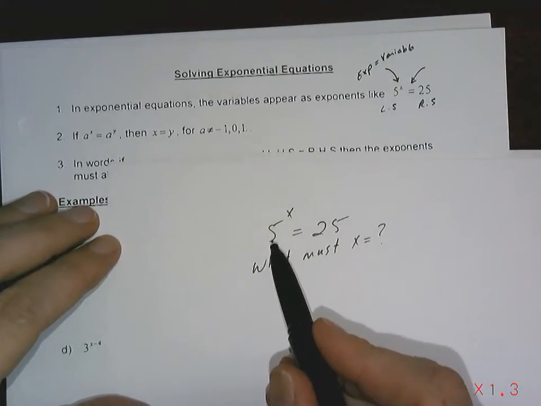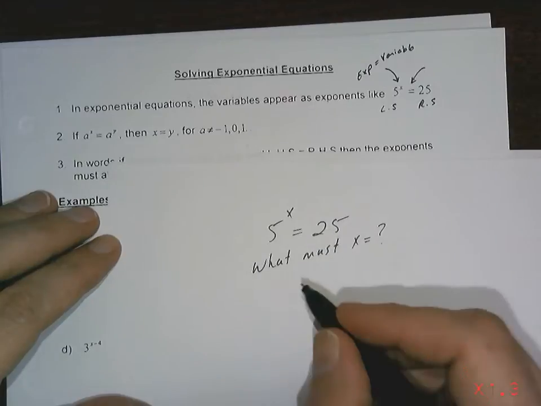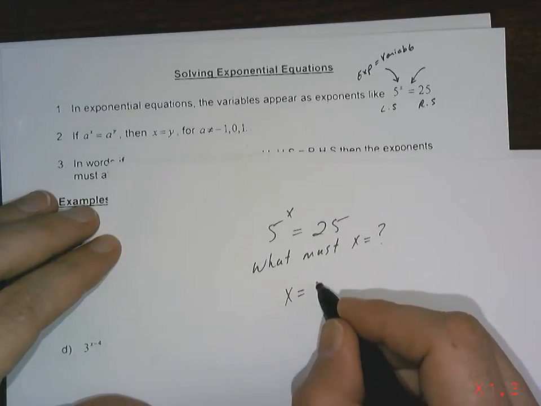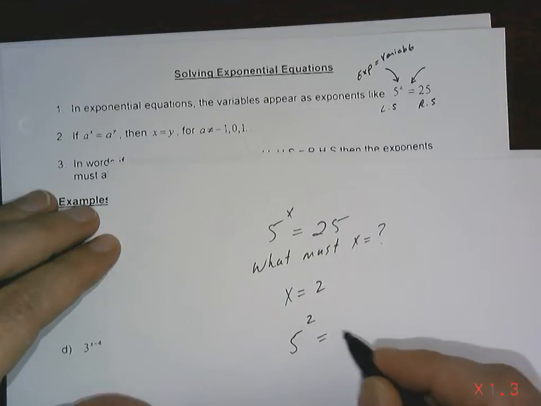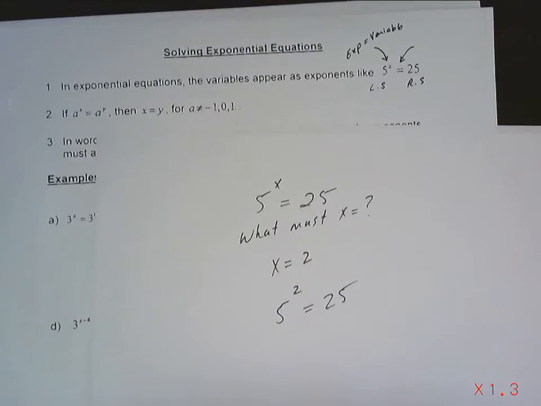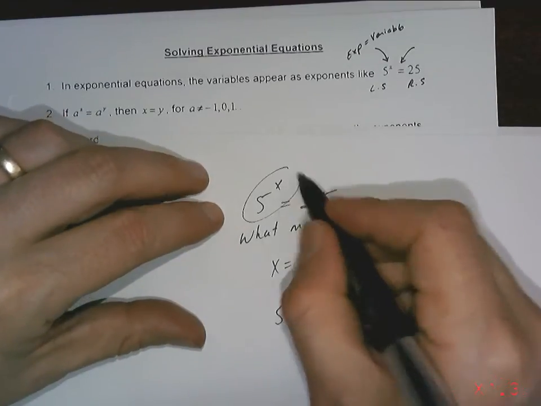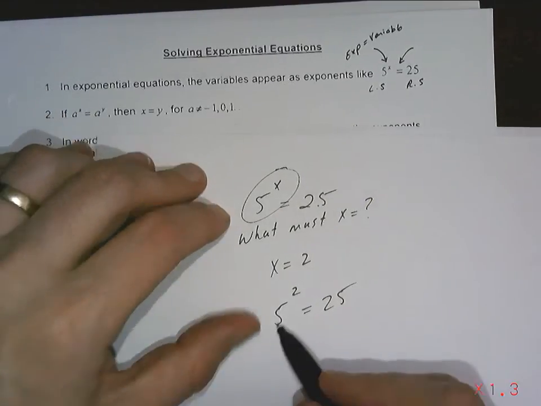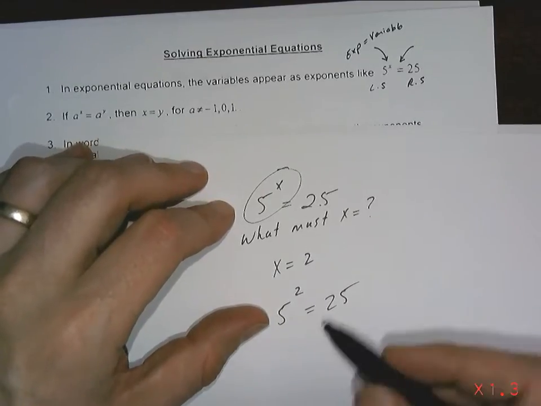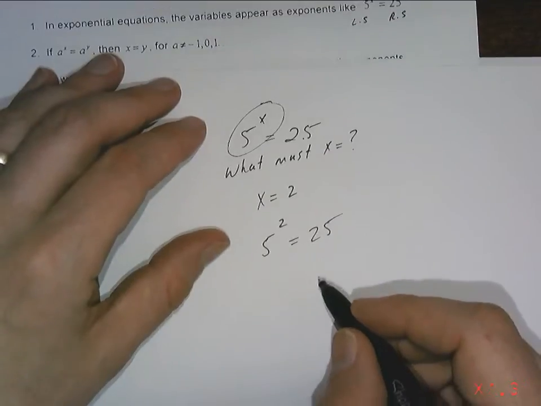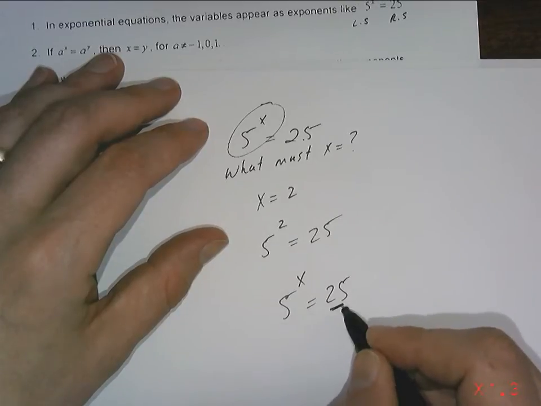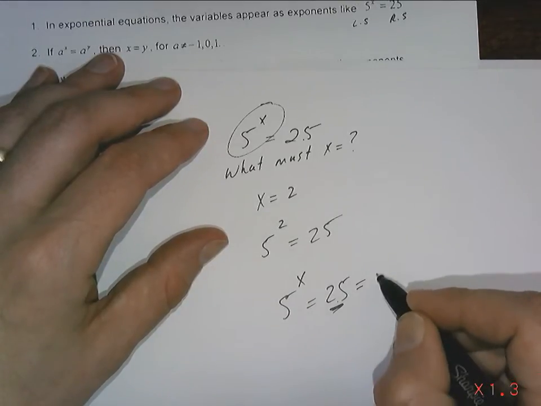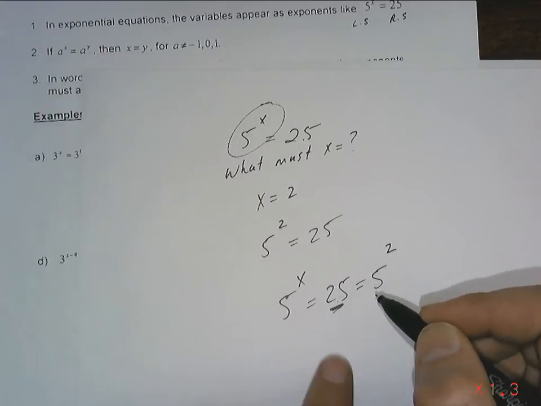And I think we can tell. We know that 5 times 5 is 25, so we can easily tell that x must equal 2 just by inspection. So we know that 5 squared equals 25, and it's very true. So if I think about the 25, I know that 25 is the same as 5 squared.